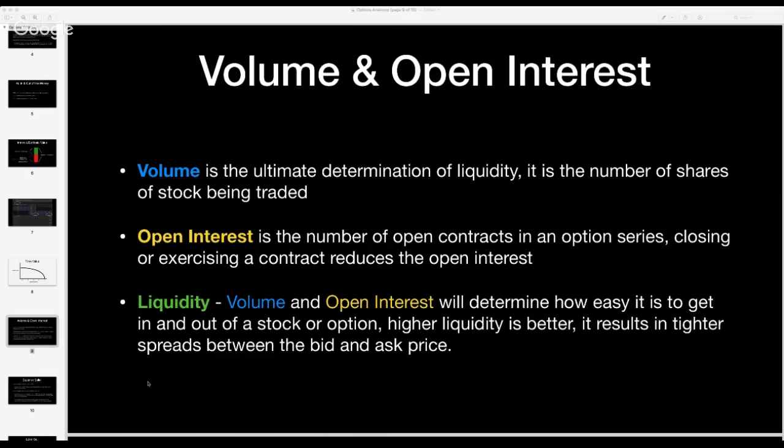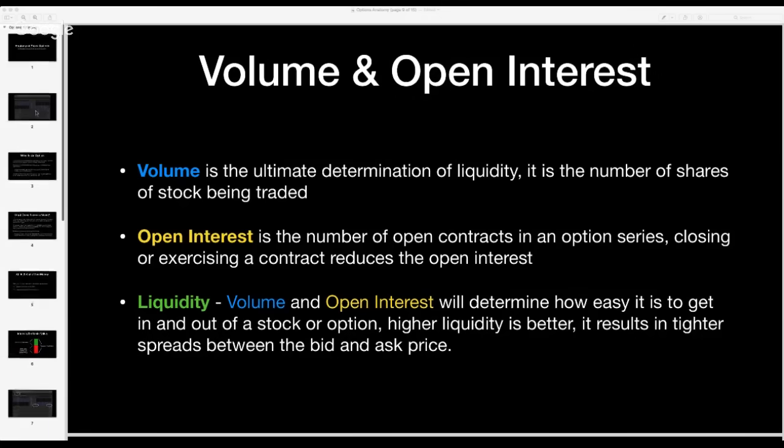In general, that's how it works: the smaller the spread between the bid and the ask, the easier it will be to get in and out. That spread exacts a cost on you anytime you either buy or sell an option. So you would prefer bid-ask spreads that are very small.